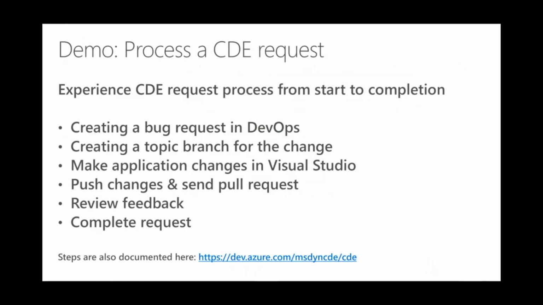We will be creating a dedicated branch for you to drive your changes through, and we'll make the changes in Visual Studio. You would then be pushing the changes back and creating a pull request, which puts the change in view for us at Microsoft. We'll then have the review going between us up until the point where we can approve and complete the request.